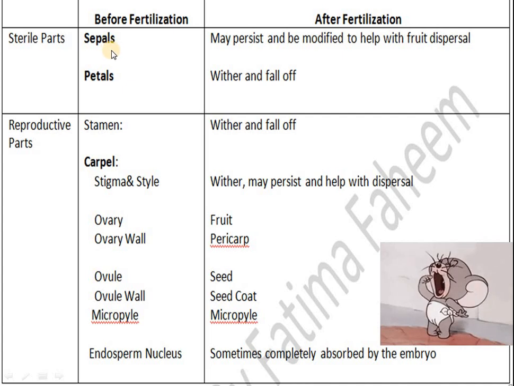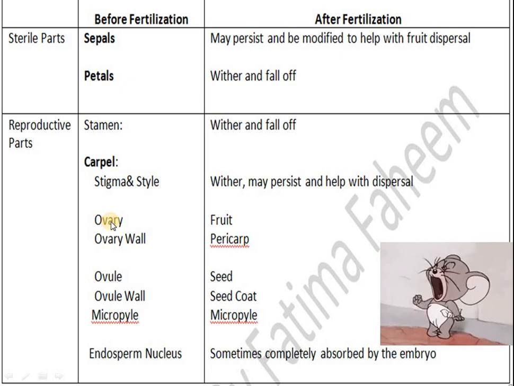We will read about fruit dispersal in our coming lectures, where you will see that in some plants the sepals modify to help in fruit dispersal. Otherwise, most of the time the sepals and the petals will wither off after fertilization. Stamens too can wither off. What about carpels? Stigma and style may wither off or may persist and help in fruit dispersal.